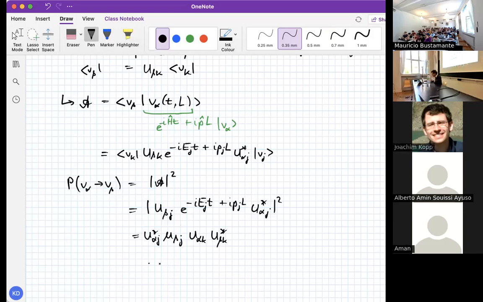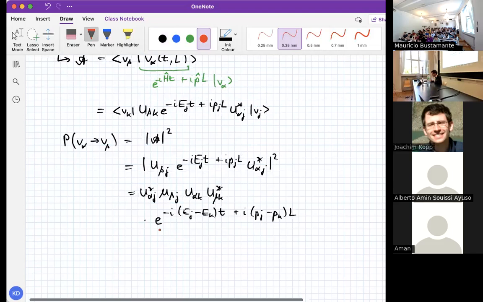And the complex phase factor now involves differences of energies and momenta. So the energy of the jth mass eigenstate minus the energy of the kth mass eigenstate. And similarly, the momentum of the jth eigenstate minus the momentum of the kth eigenstate times the baseline L. So this is now the term that leads to interference. That's where the oscillations are coming from. That's the interference term.